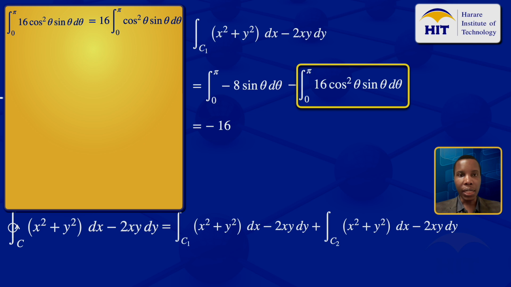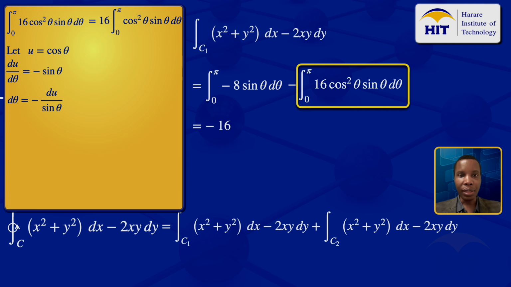When we are evaluating integrals of this form, it is convenient to use a substitution. The substitution that we can use there is u equals cosine theta. Differentiate u with respect to theta, and we get du by d theta equals minus sine theta. Then we have d theta equals minus du over sine theta.